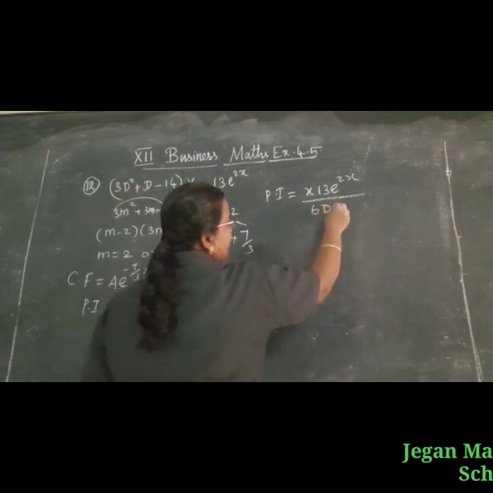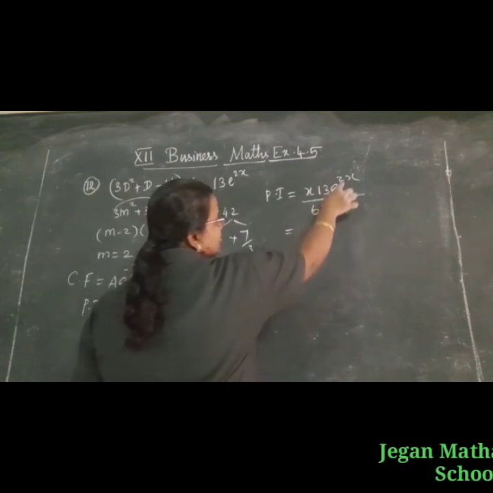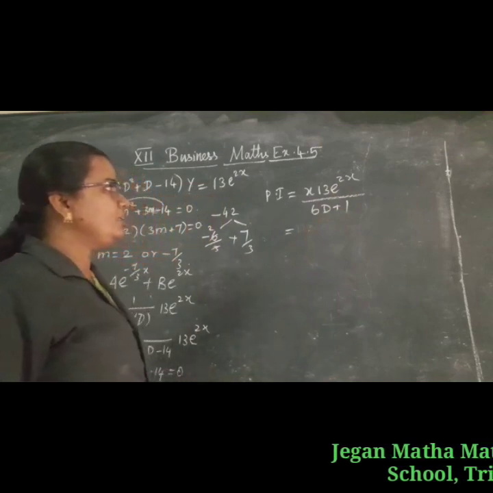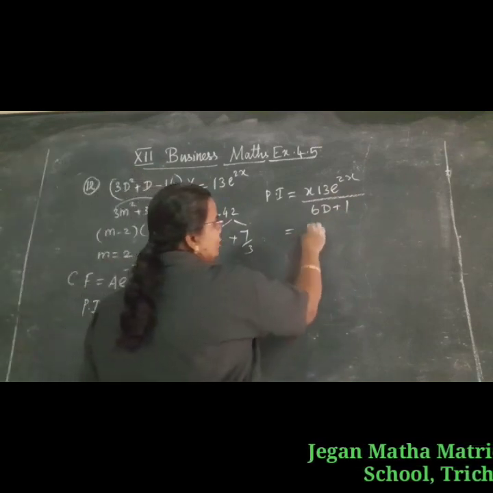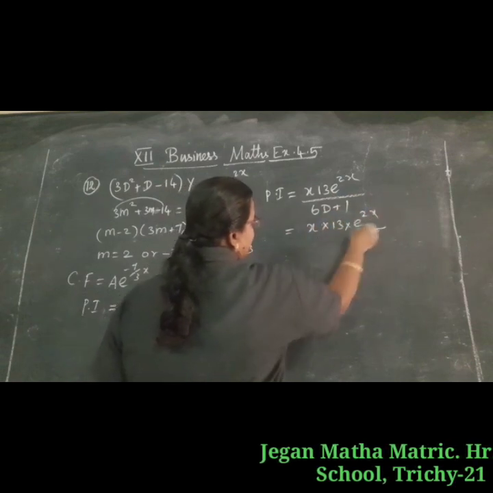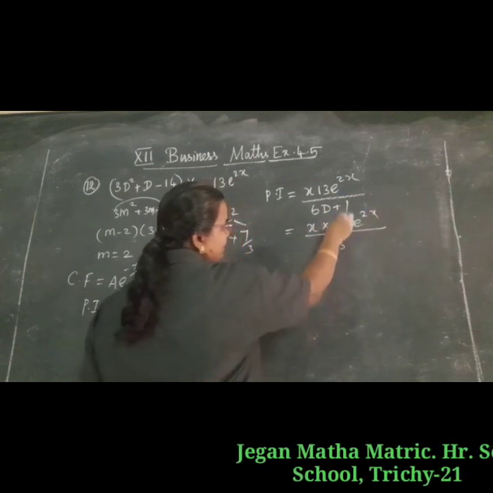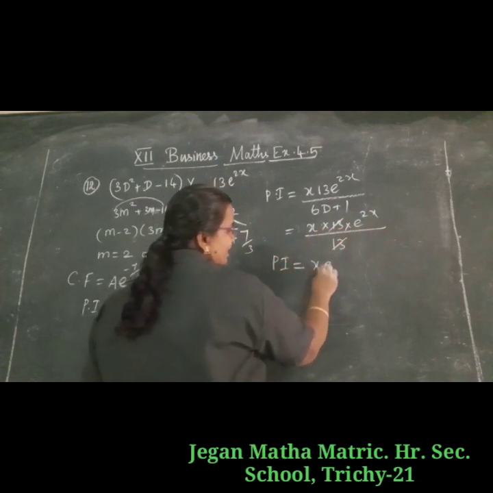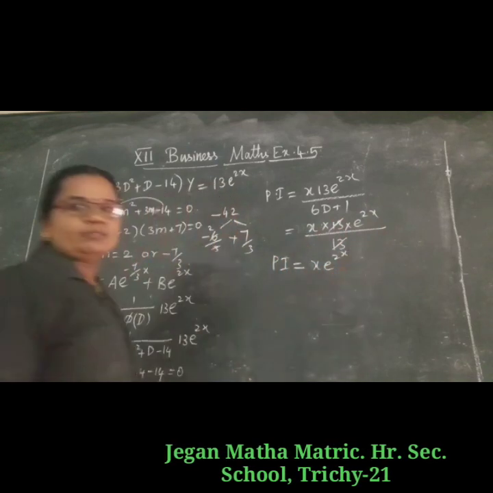Instead of D substitute 2, we will get 6 2s are 12, 12 plus 1, 13. So x into 13 into e power 2x divided by 13, 13 cancels. So particular integral is equal to x e power 2x.